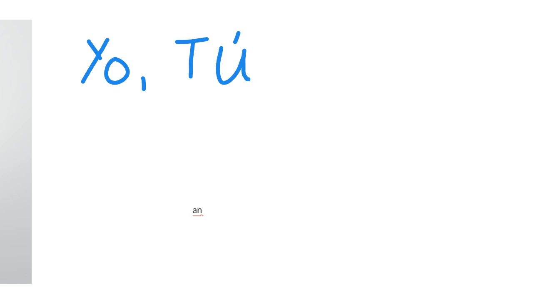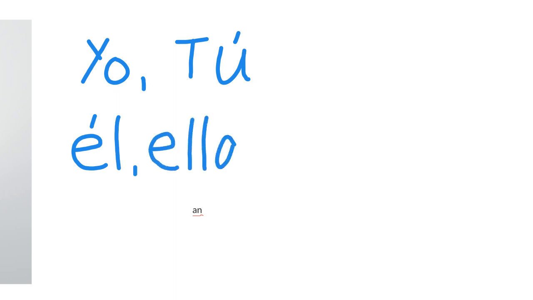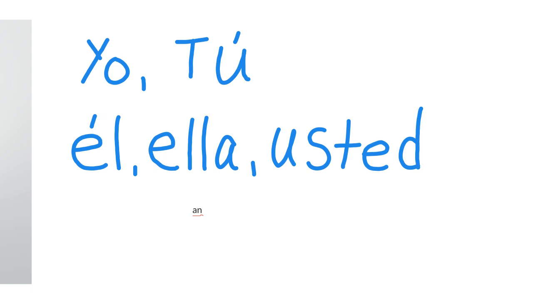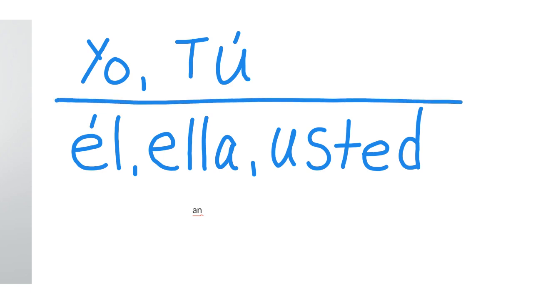If you are looking at él, ella, and usted, I think that's the one that people can get confused on sometimes, right? We've got él, ella, and usted. But those aren't the only ones that fit into that category. Whenever you see a person's name, that would also fit into this category.